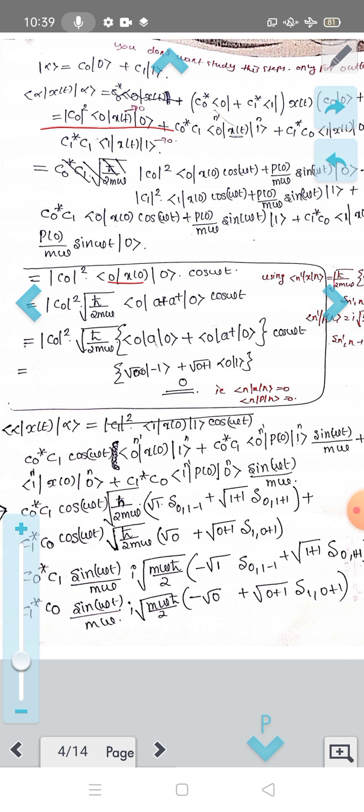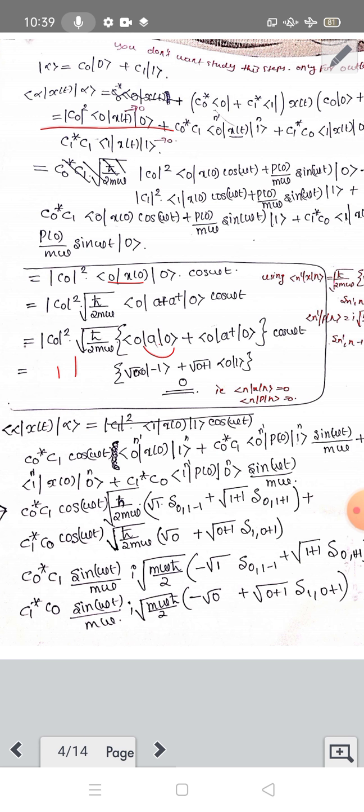There is this constant here. What happens to the terms in the bracket: a is the annihilation operator, so ket 0 becomes ket 0 minus 1, that is ket minus 1, isn't it?